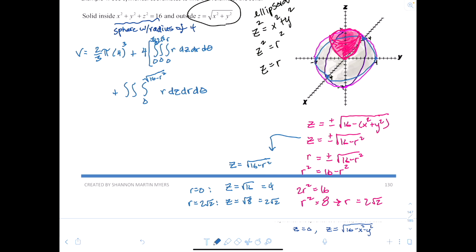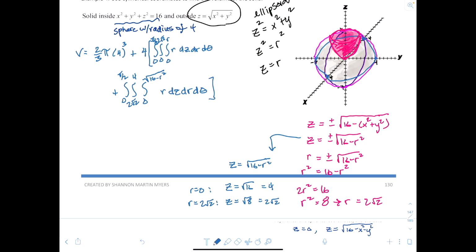Okay, so you're going outside the ellipsoid to the sphere. So add these two together and you're going to get the whole thing if you times it by 4. And then, of course, theta is still 0 to pi over 2.